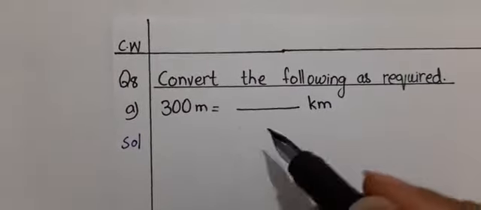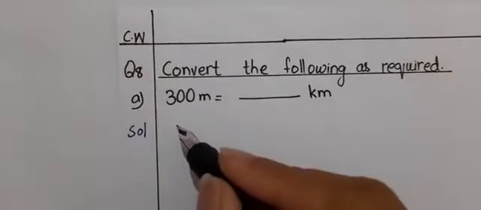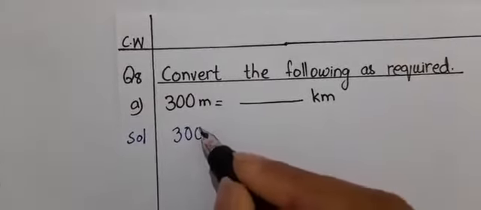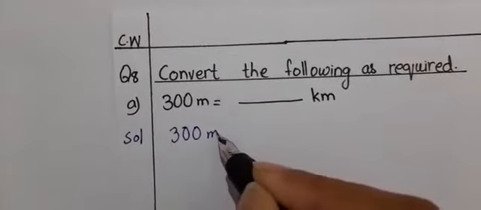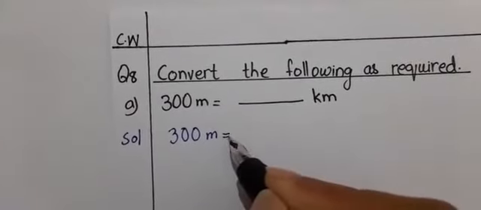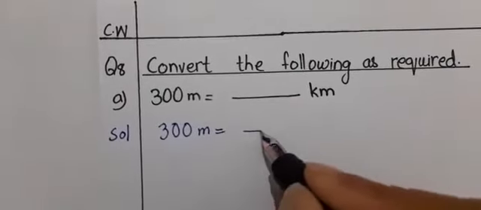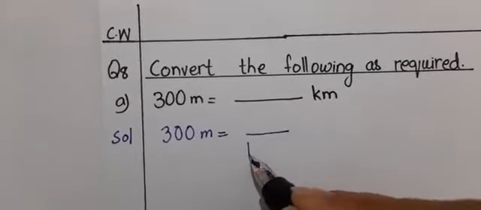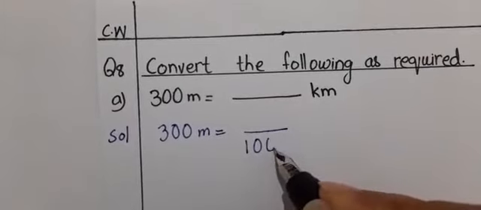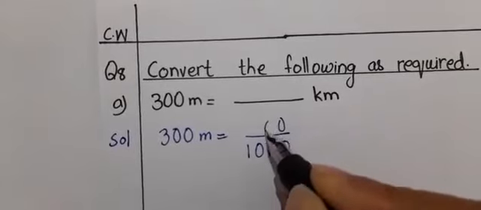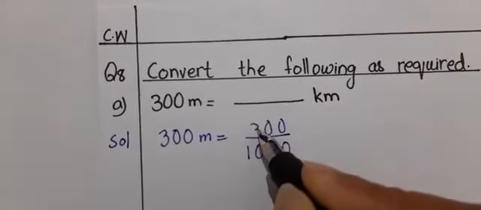So boys, here we are going to do our solution. We will write 300 meters, and we have to convert it into kilometers, so you know that we have to divide it with 1000. So here we are writing 1000 in the denominator, and as it is 300, 0, 0 and 3.